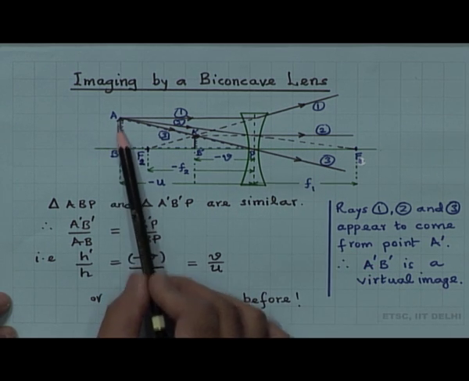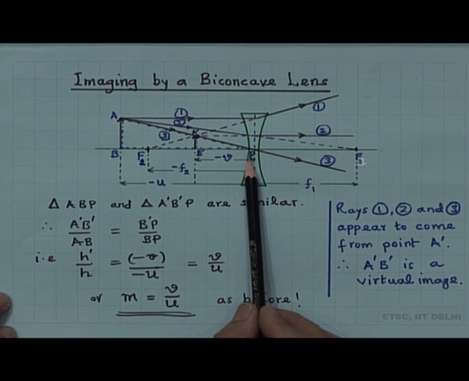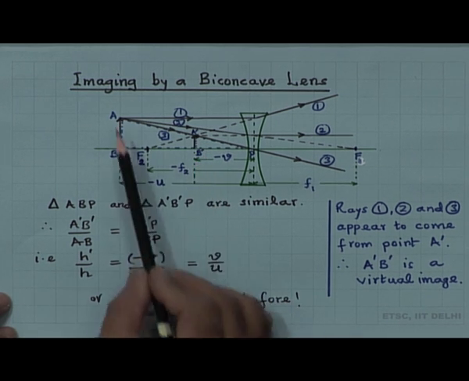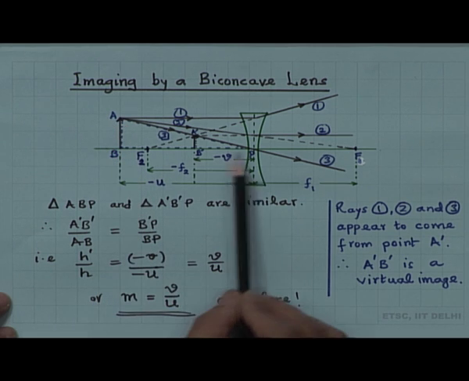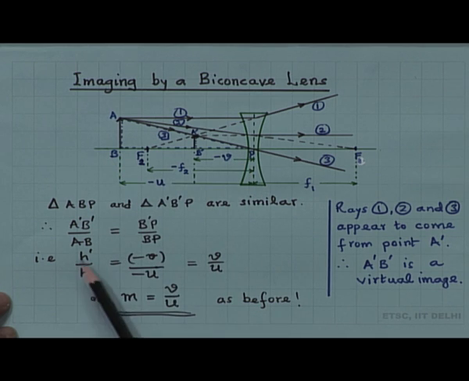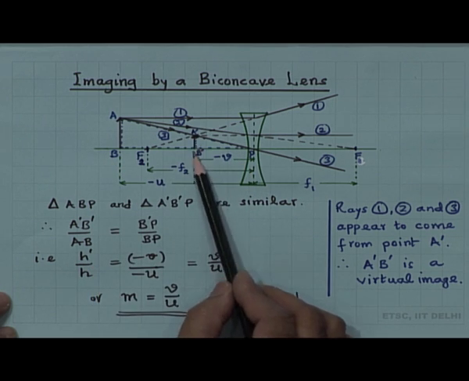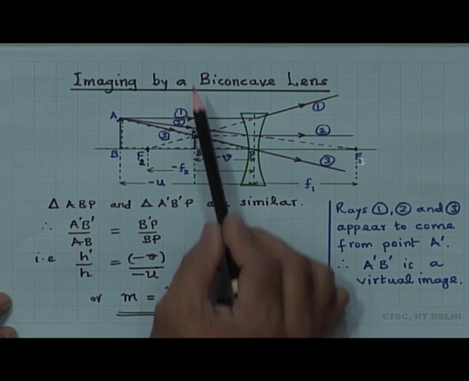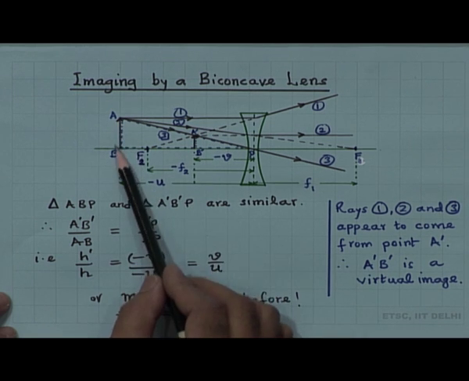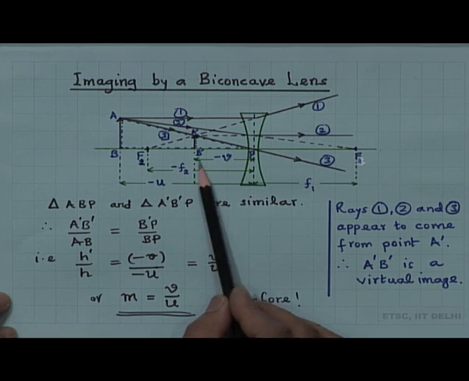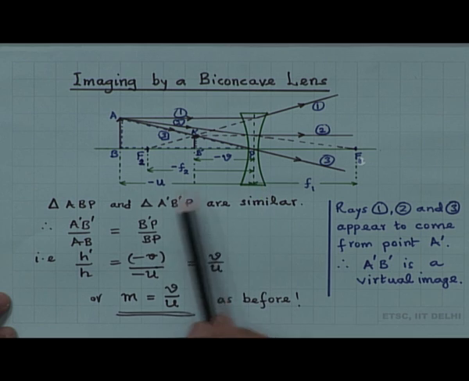Very quickly, if you look at the triangles ABP and A dash B dash P, they are equivalent triangles, and therefore, A dash B dash by AB is equal to B dash P by BP. That is H dash by H, where A dash B dash is H dash, which is positive, above the axis, and this is H, is equal to minus V, the image distance, by minus u.